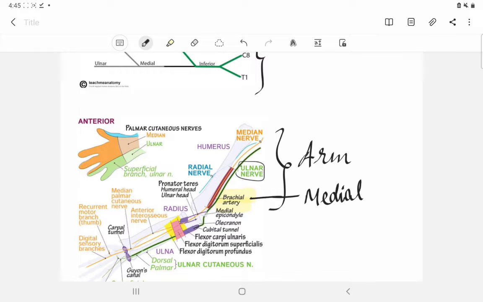At the junction of the medial intermuscular septum, it comes to lie in the posterior compartment, and as it approaches the elbow, it becomes more and more superficial, and it comes to lie behind the medial epicondyle of the elbow. This is in the area of the elbow.